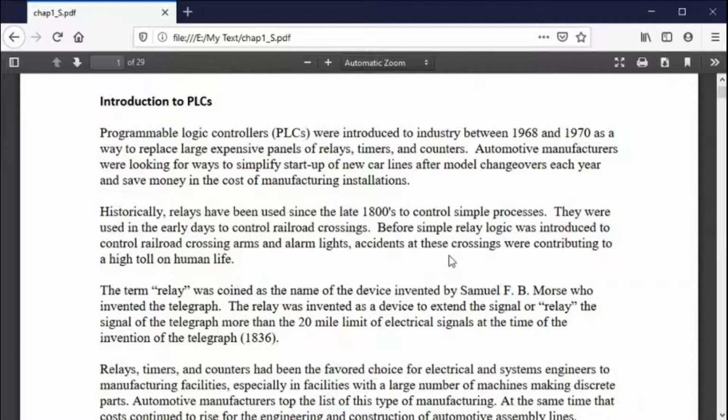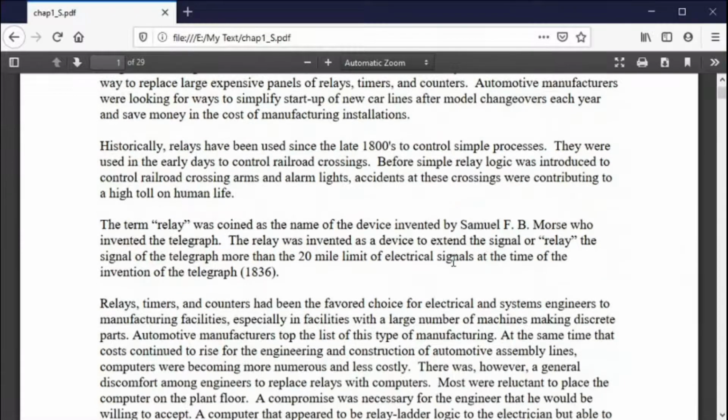The reason they needed it was because a relay was placed in the telegraph line about every 20 miles, because the batteries of the day would play out at about 20 miles. In other words, your signal would die out somewhere after 20 miles. So in order to extend that electrical signal more than 20 miles, you had to put in a relay to relay the signal another 20 miles. And that's how the name relay became the name.